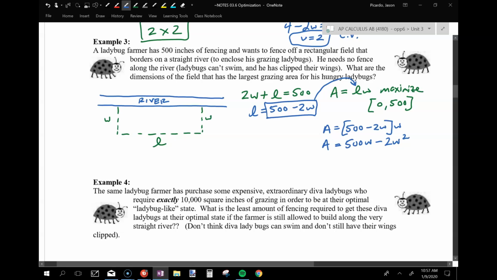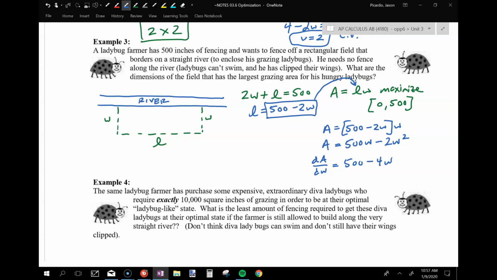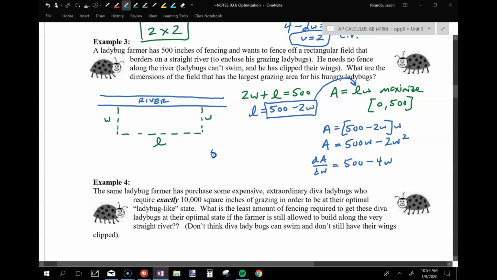I'm going to have my derivative right now: 500 minus 4W. Critical values are found when I set that equal to 0, good. And we get W equals 125.